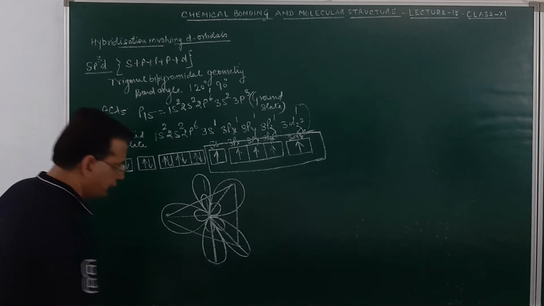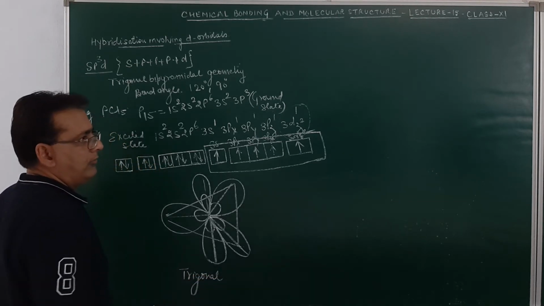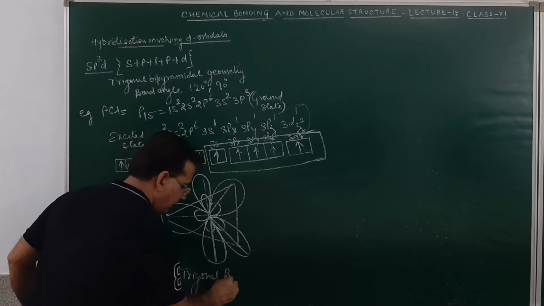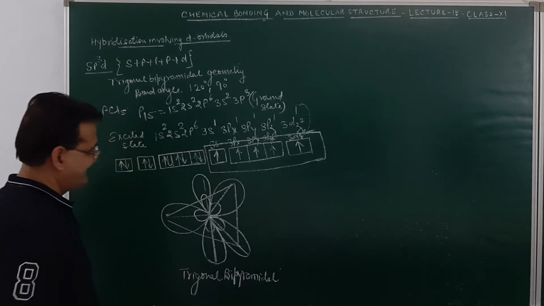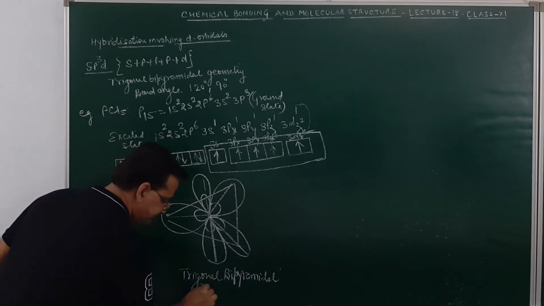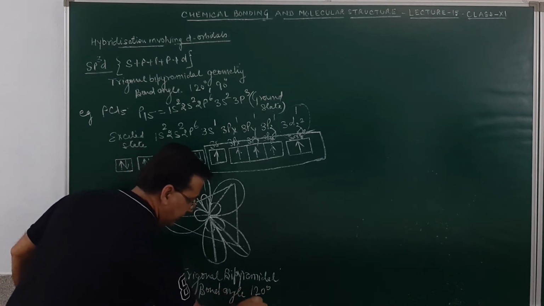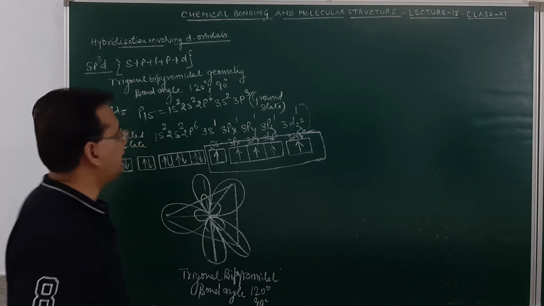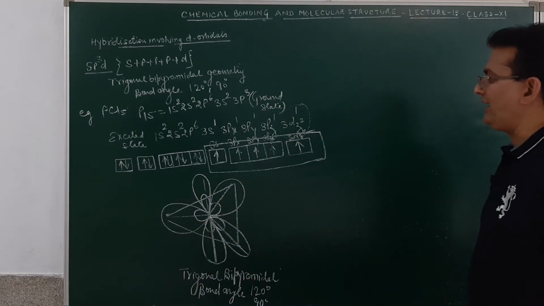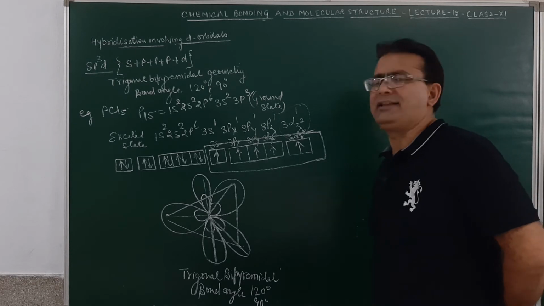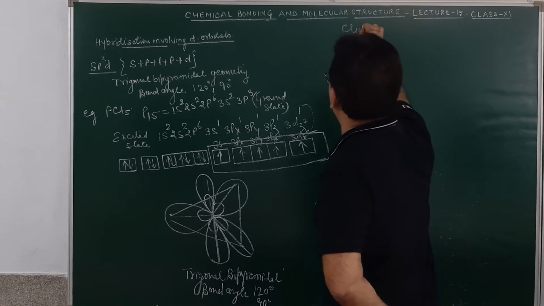Now, bond angle will be 120 degree and 90 degree. How? What molecule is to be formed? PCl5. The 5 sp3d orbitals of phosphorus have oriented themselves to adopt a trigonal bipyramidal geometry. Now, if I look at chlorine, chlorine atomic number is 17.